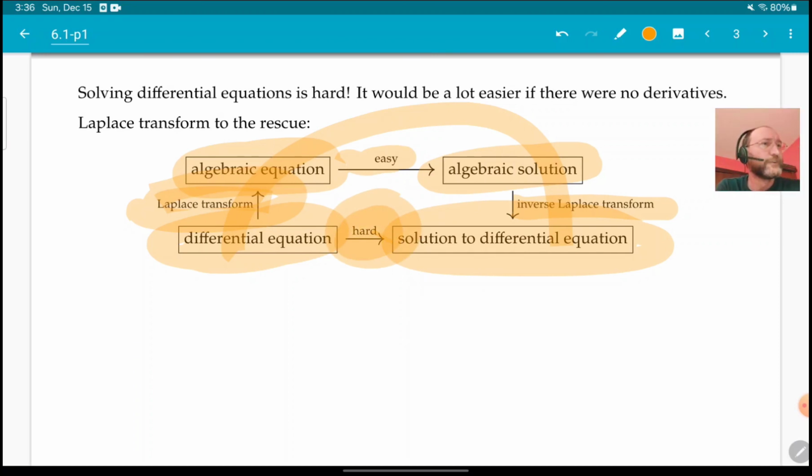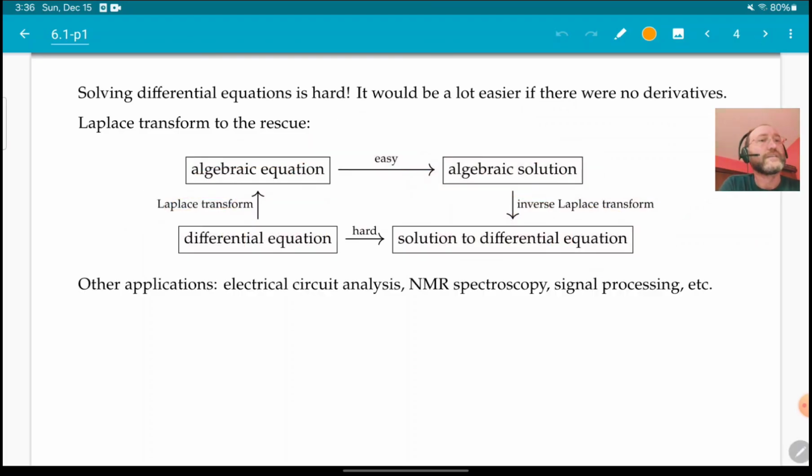I mean, of course, it depends on the exact context, right, where this appears. But that's sort of the idea. We want to bypass this hard bit with a bunch of easy bits, but we're going a little bit around, right?